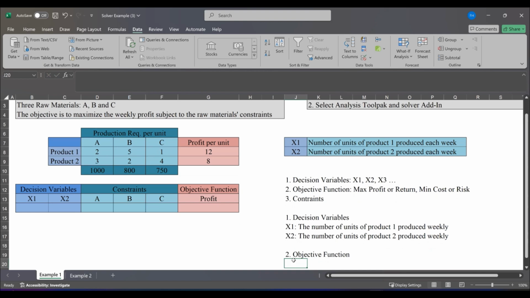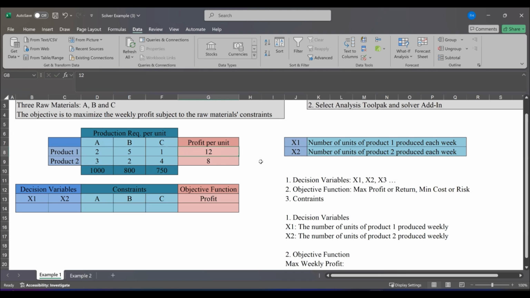In this case, clearly my objective function is to maximize weekly profit. But I need to write weekly profit as a function of X1 and X2. In order to do that, I need to look into the profit per unit from each product.